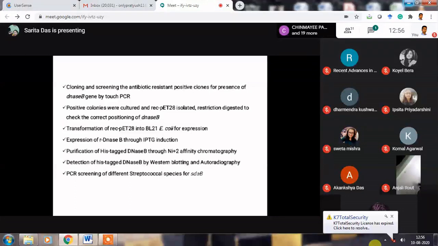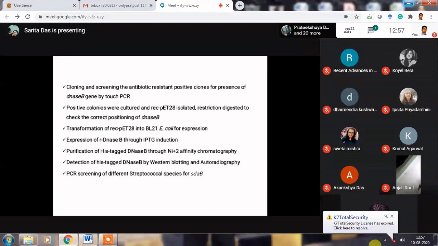These His-tagged proteins have greater affinity towards metallic cations like nickel, cobalt, or copper. So we can use such an affinity column, and our recombinant protein binds to it.